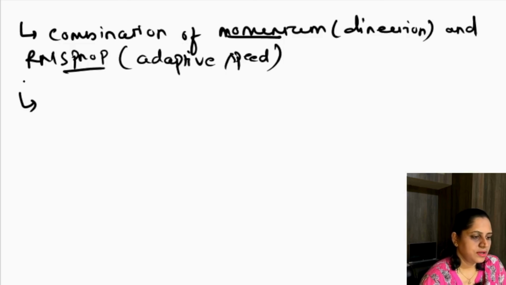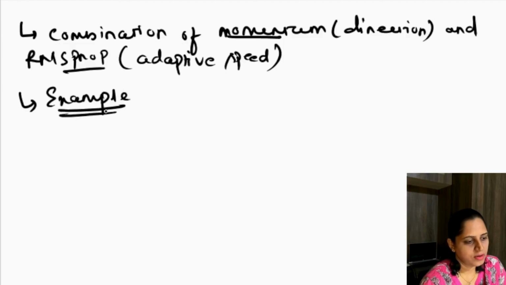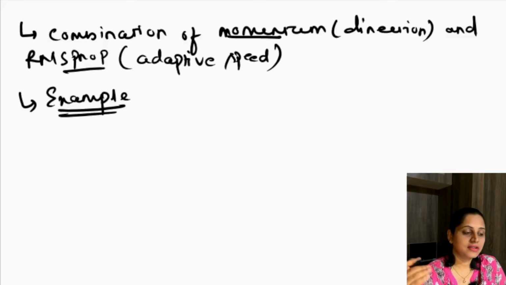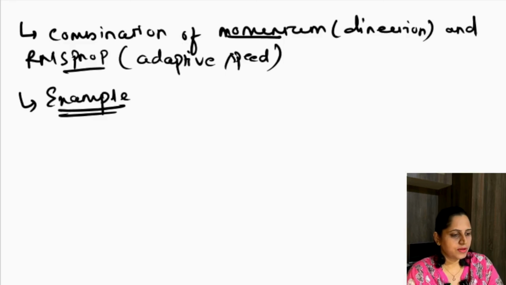So now we will understand one example on how my optimizer works, or how it changes the gradients frequently to achieve your convergence. We have seen one similar example in your gradient descent, right? We will see the same thing here.